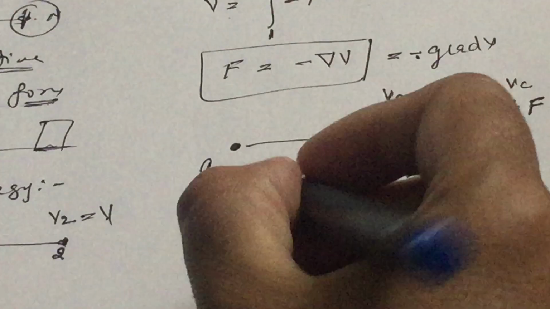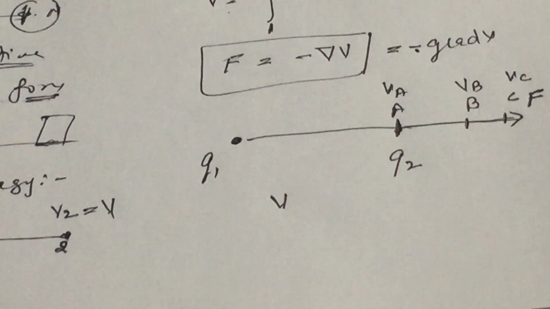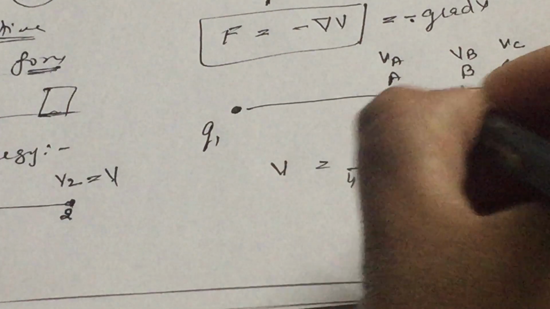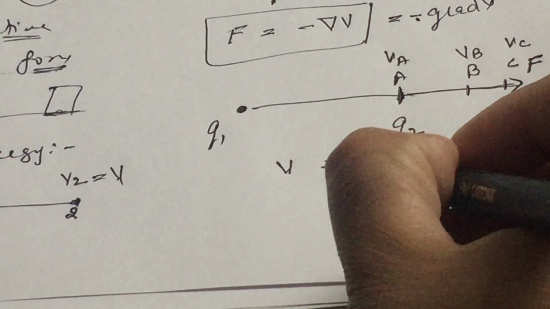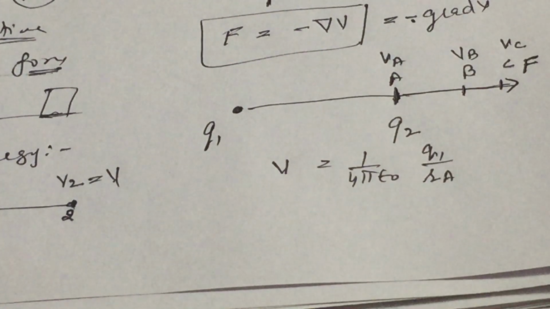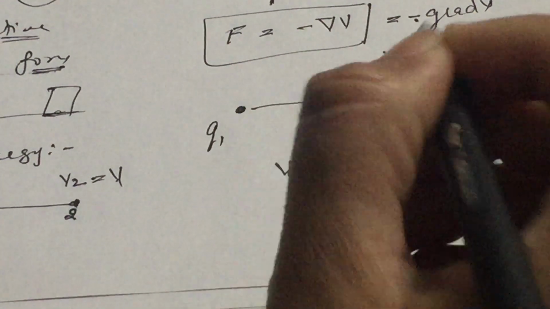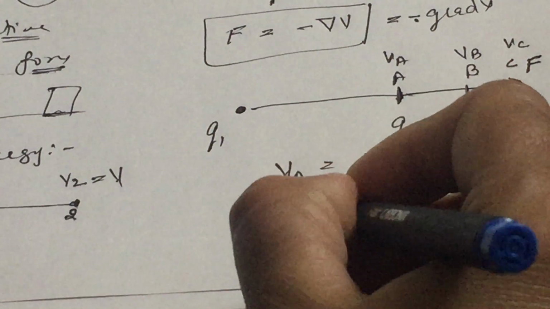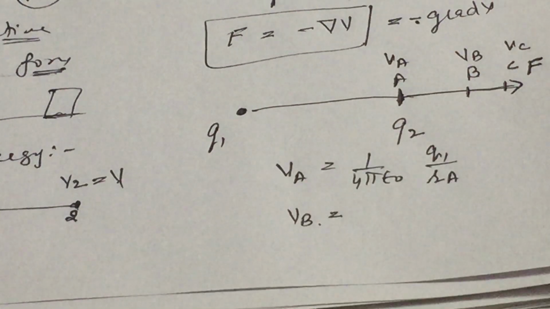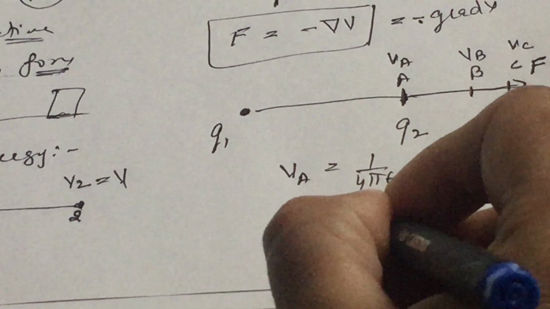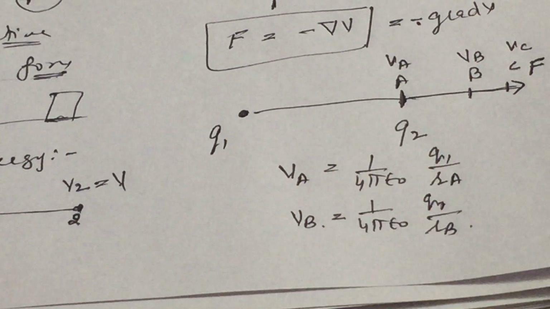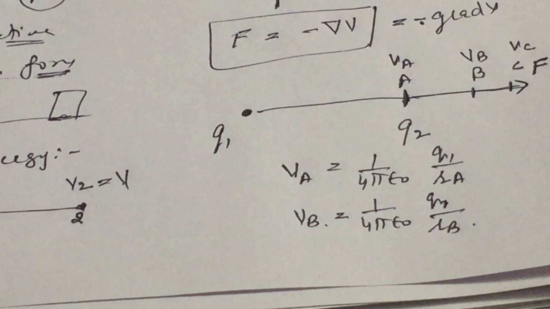The potential energy of the second charge is given by 1 upon 4 pi epsilon naught Q1 upon the distance. In the first case, the distance is Ra, the smaller one, so potential energy is Va. In the second case, the distance is Rb, now the potential energy is Vb, given by Q1 divided by Rb, and Rb is greater than Ra.